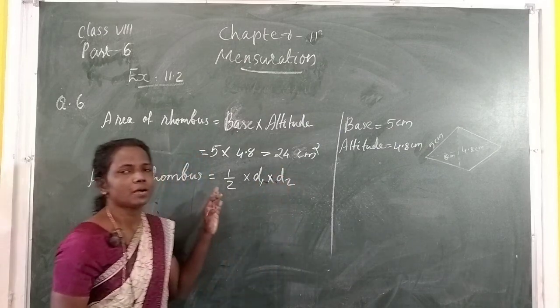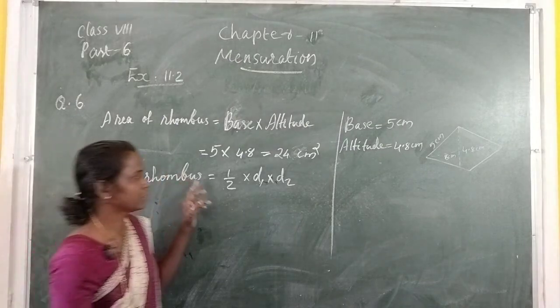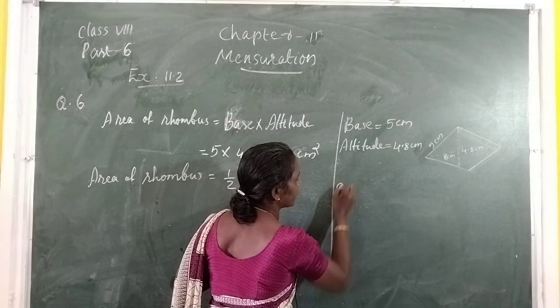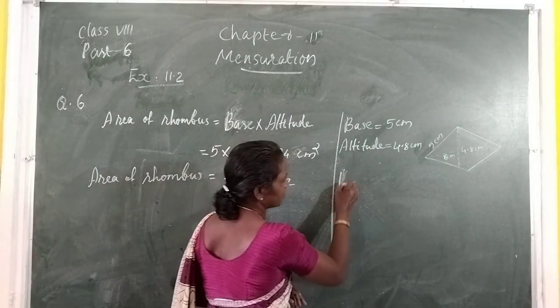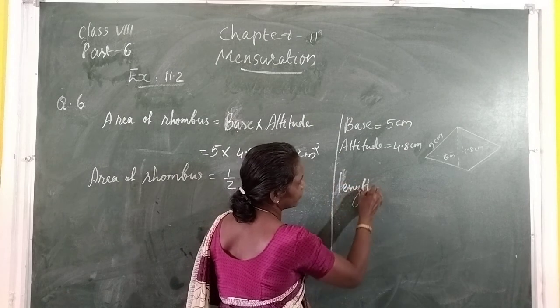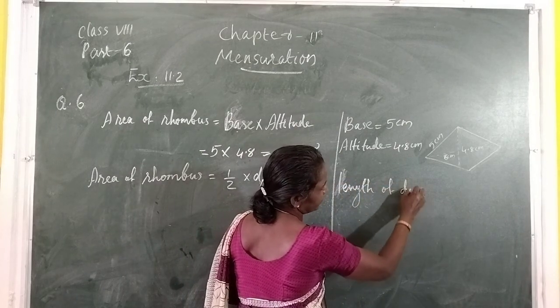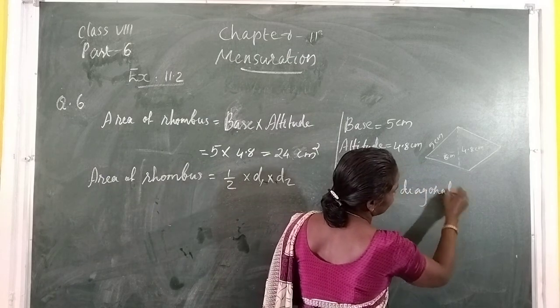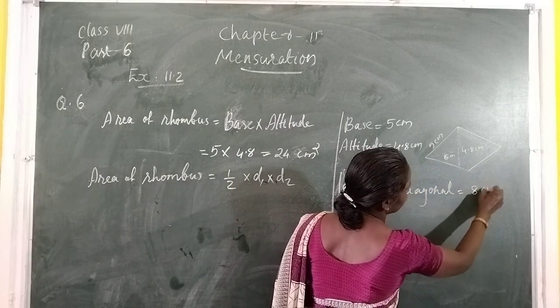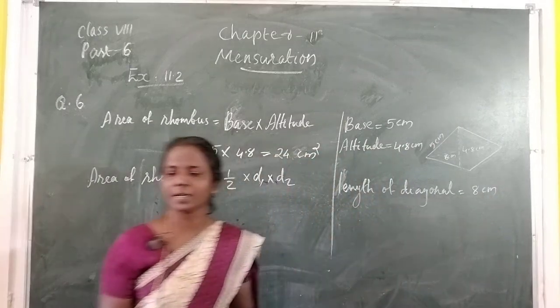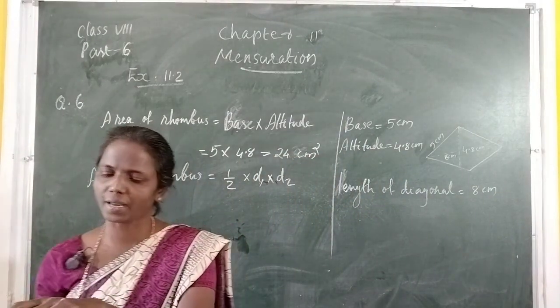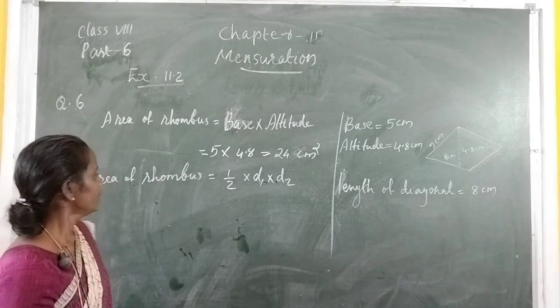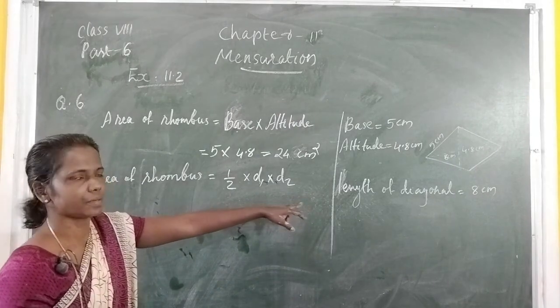Here look, one diagonal, we can write d1, the length of diagonal, is equal to 8 centimeter. Here one diagonal is given. What is the diagonal? 8 centimeter length.